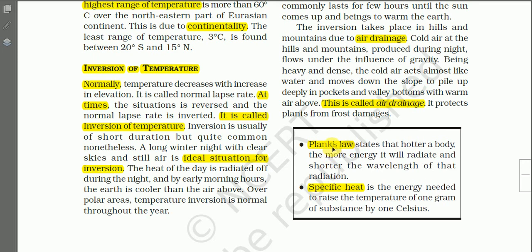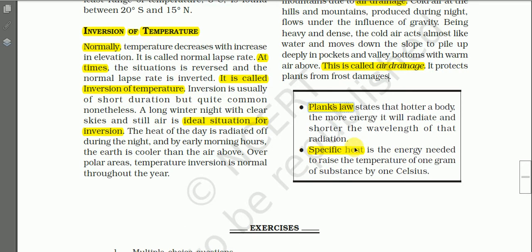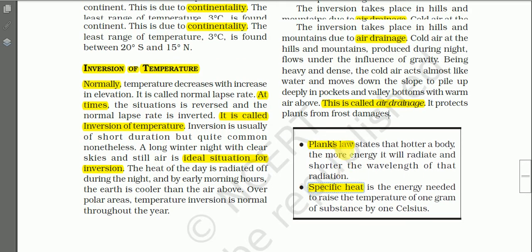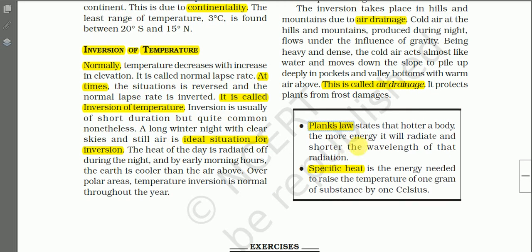Then here in the box we have two important things: one very important law, and another very important term also. So we have a law here, Planck's law. Planck's law states that the hotter a body, the more energy it will radiate, and the shorter the wavelength of that radiation. It means that hotter objects will radiate more energy, and that also in the form of short waves.